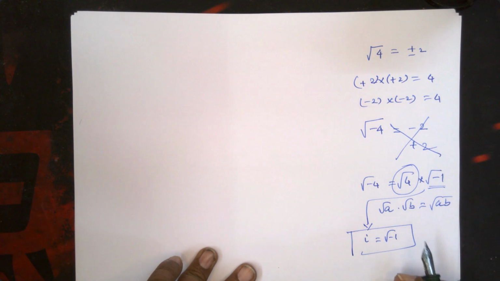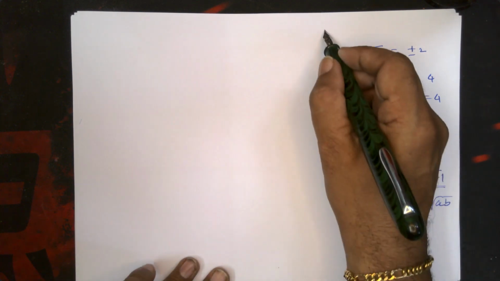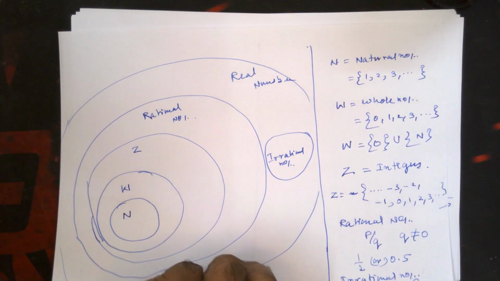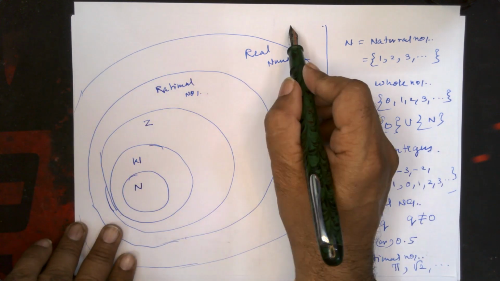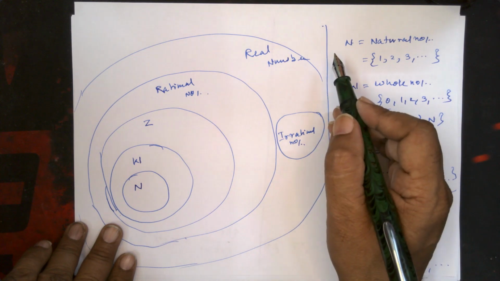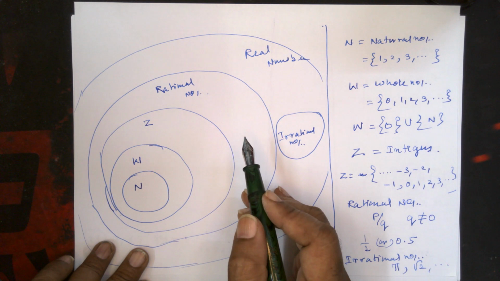So let us not worry about this. That is beyond the scope of your content. Clear? Just for your understanding, I have explained this. Okay. Now we have the entire number system, that is complex number. It includes everything, because a real number can be represented as a complex number also.